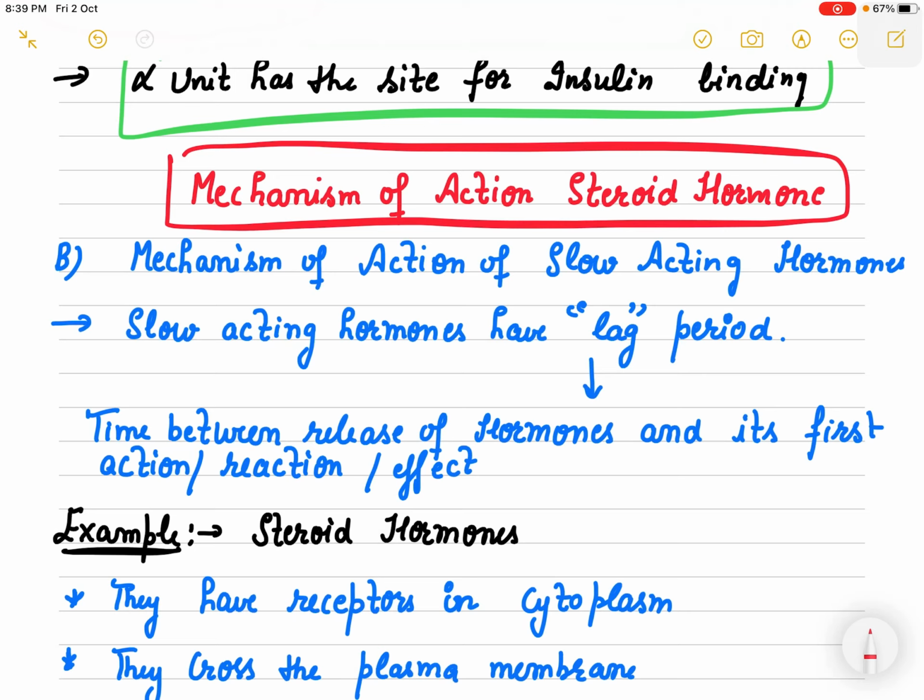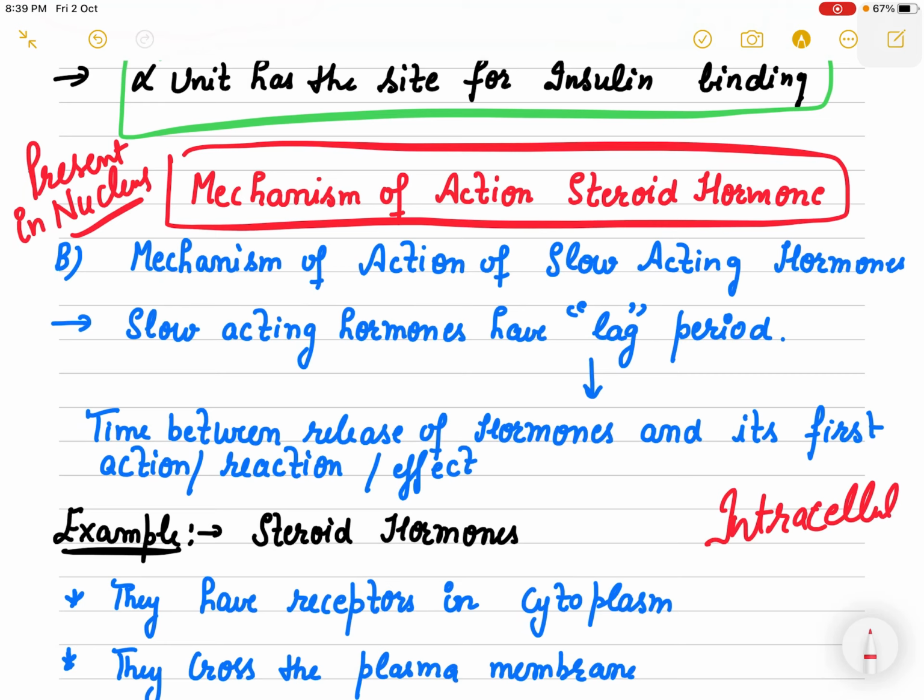These hormones' receptors are present in the nucleus, and these kind of receptors are known as intracellular receptors because they are present inside the cell. They are not present on the membrane.